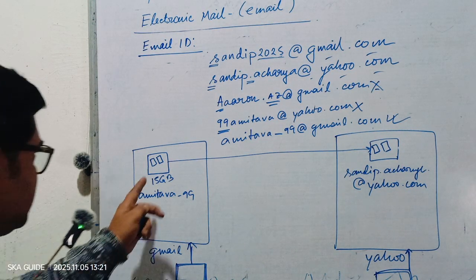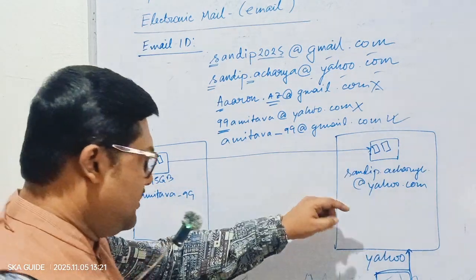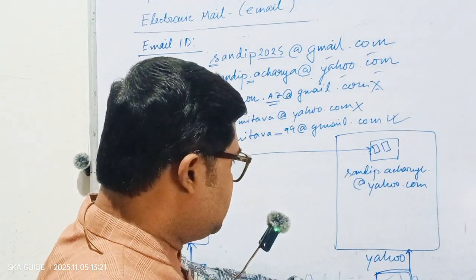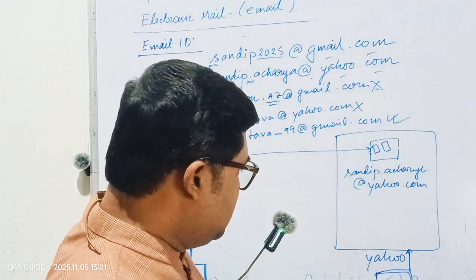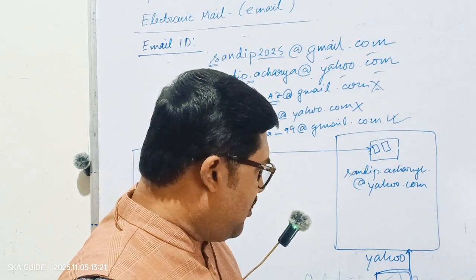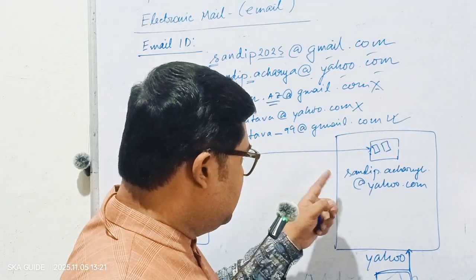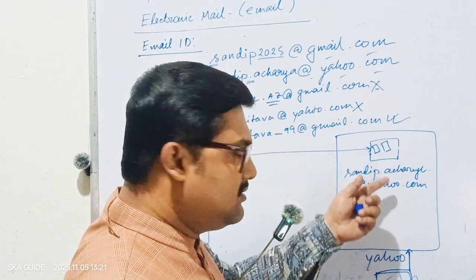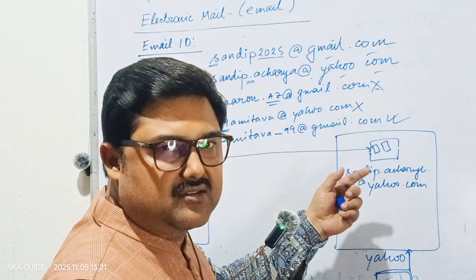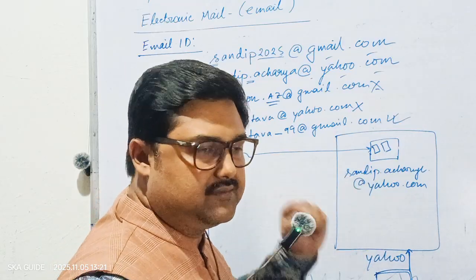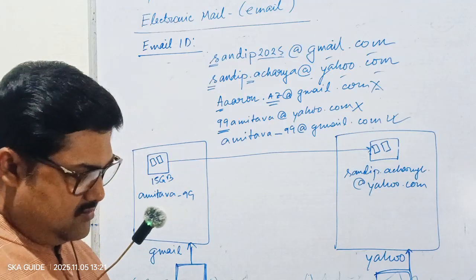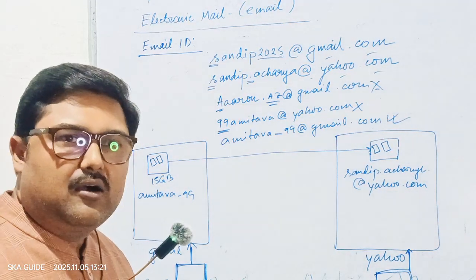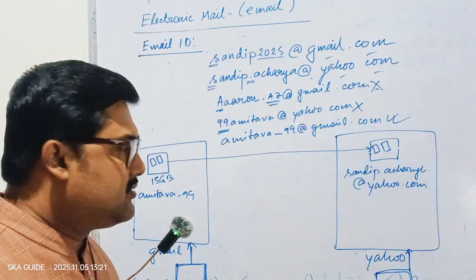Whenever Sandeep Acharya accesses his mailbox, in the inbox or received mail, he will find the mails, which are electronic mail, maybe a text mail, maybe an image or video attached with that mail.